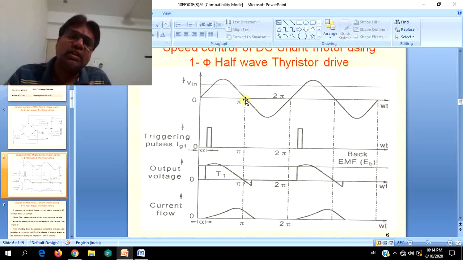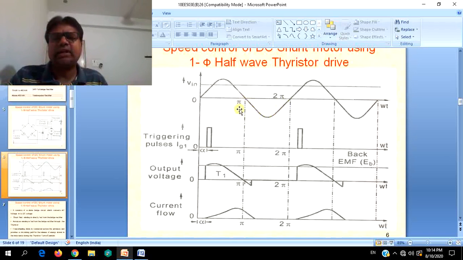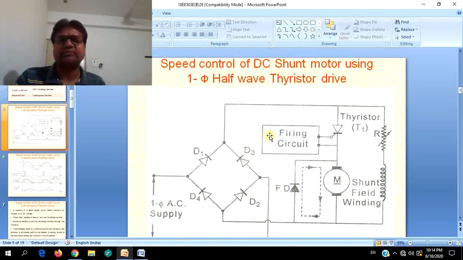And see, at pi degrees, actually the circuit is a diode bridge circuit. This negative half cycle gets converted into a positive half cycle. But at the zero crossing itself, this SCR turns off.